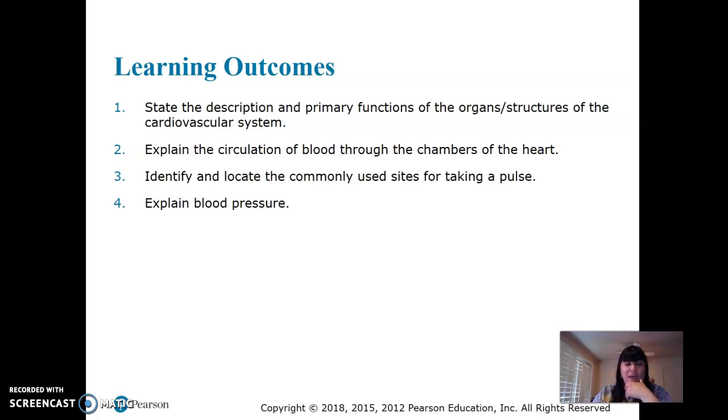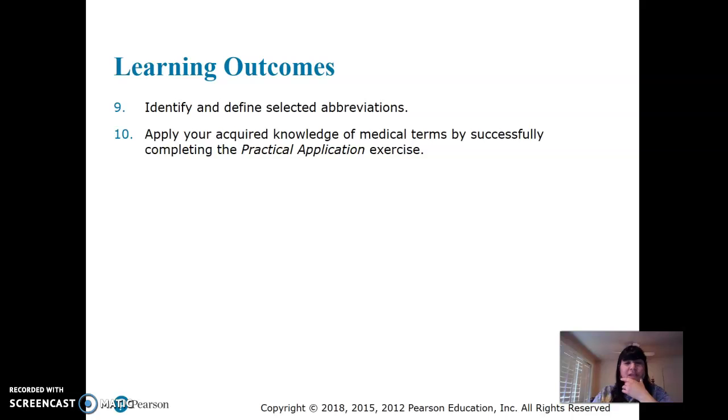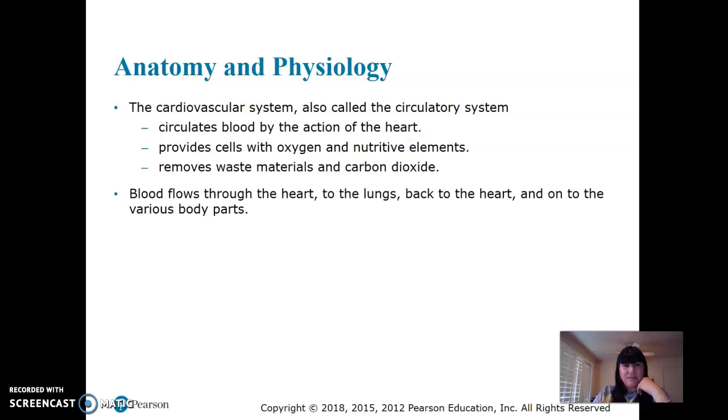And it matters when we talk about hypertension or hypotension. Terminology used in ICD, spelling and pronouncing medical words, drugs that are used in this chapter, diagnostic lab tests, and some abbreviations. And just like before, we have homework for this chapter and we have my lab activities.